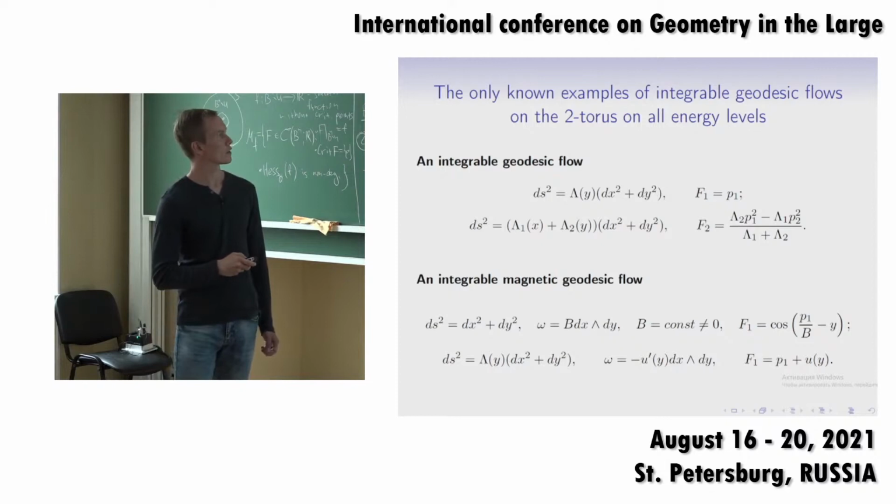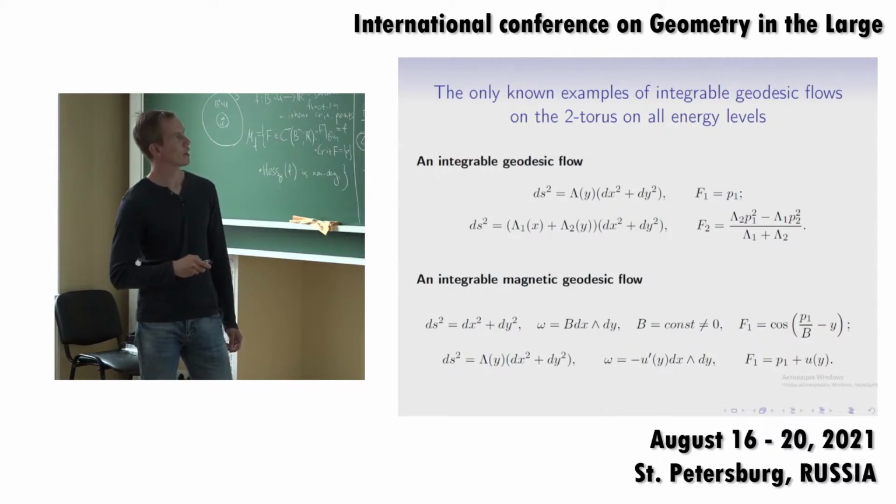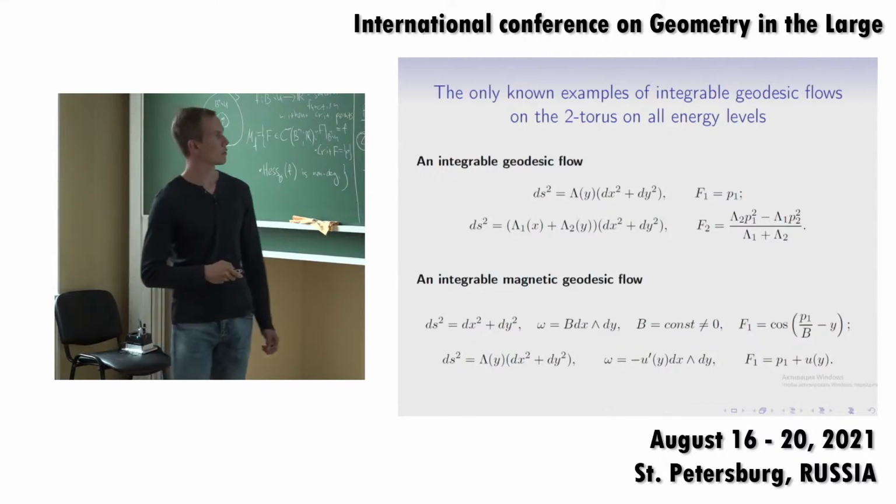So if there is no magnetic field, then, as already told before, these are the integrable cases. And if there is a magnetic field, then two integrable cases are known when integrability takes place at all energy levels.